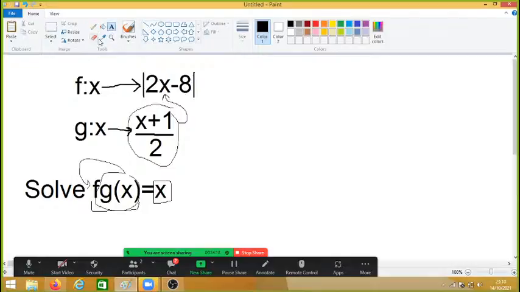So that means starting with, the g, this whole bit goes into the x. So I'll have the modulus line, the 2, and then instead of writing x, I'll have this x plus 1 over 2. So I'll have x plus 1 over 2.